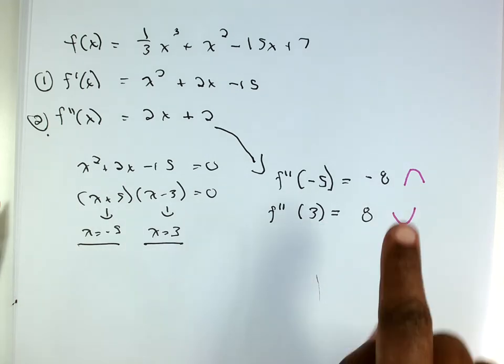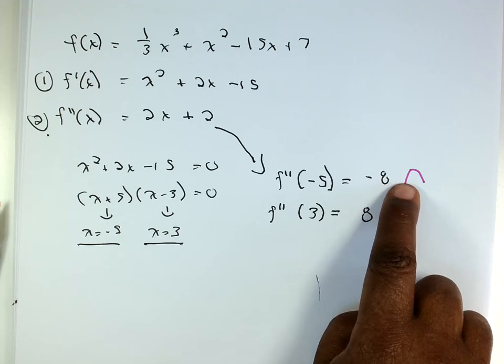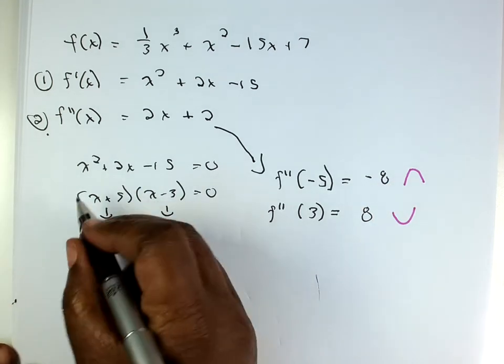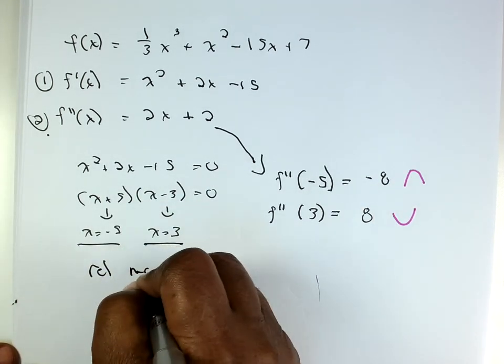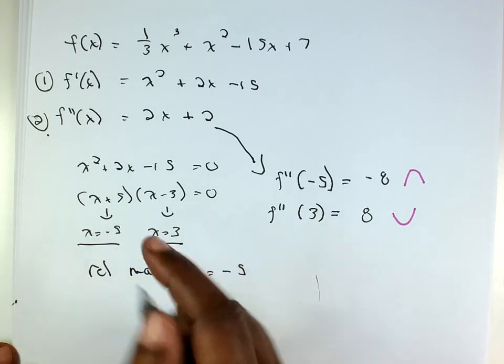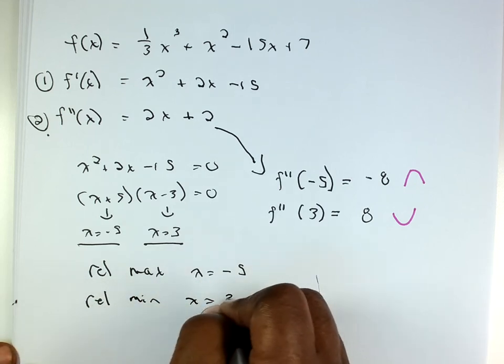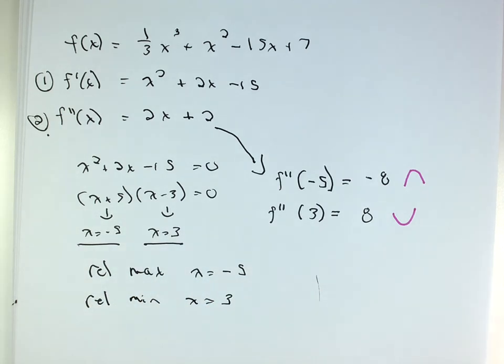So therefore it tells me at -5 I have a relative max. And at 3 I have a relative min. So I use that second derivative test, and I don't have to use the number line for the first.